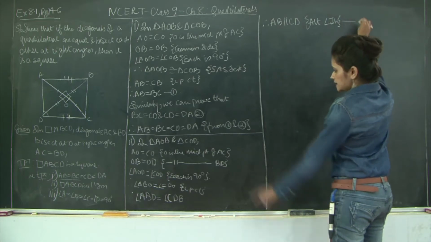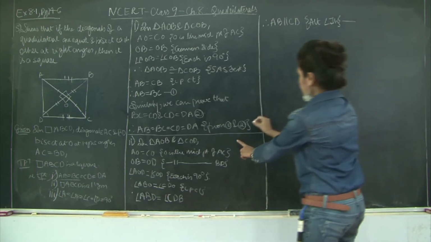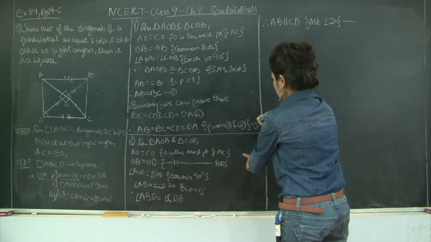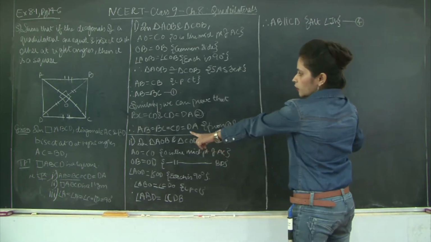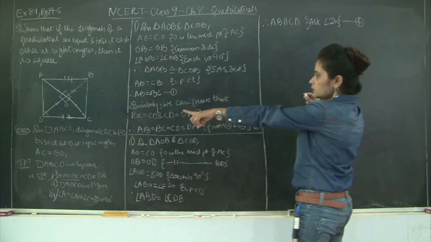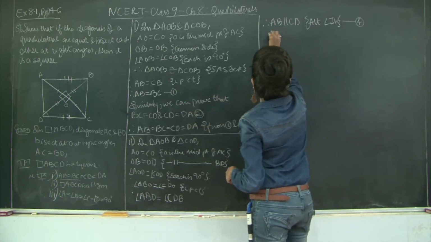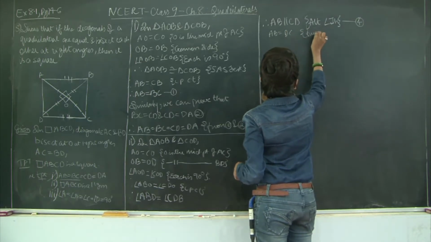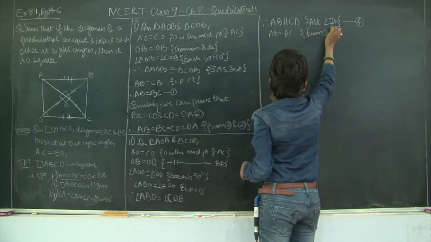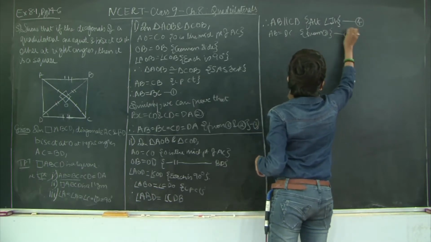So let's mark this as 3, let's mark this as 4. So from 3 what do you have? We have AB is equal to DC. I'll say from 3. Let's mark this as 5.